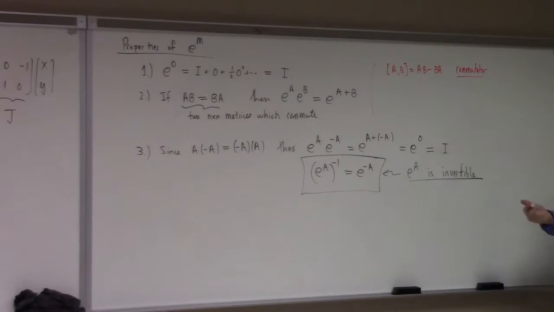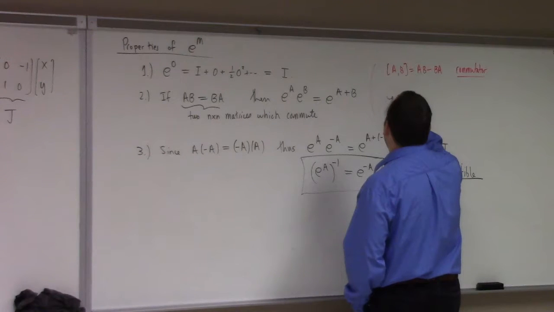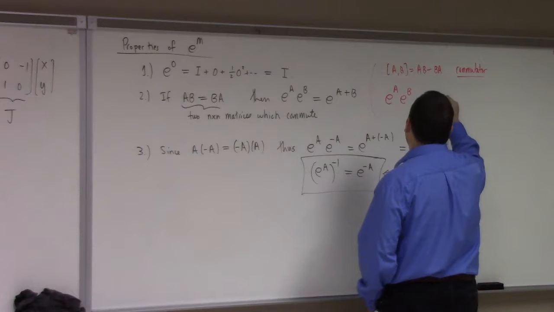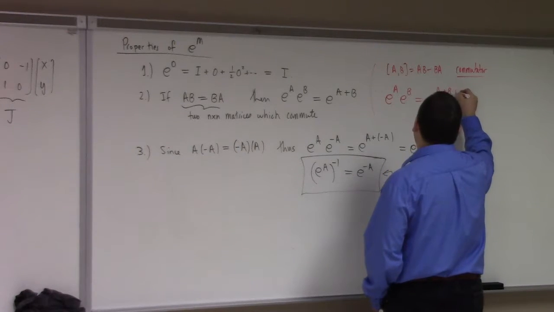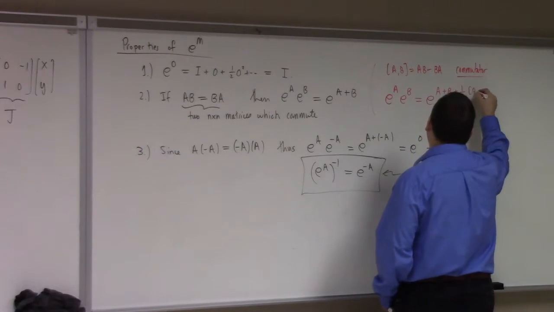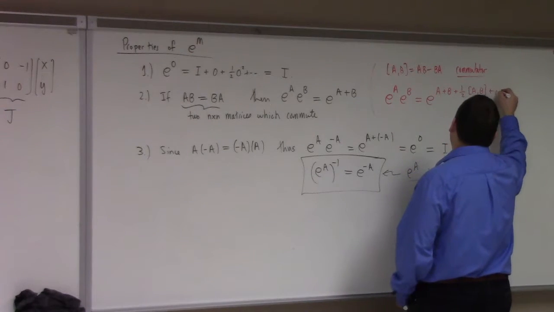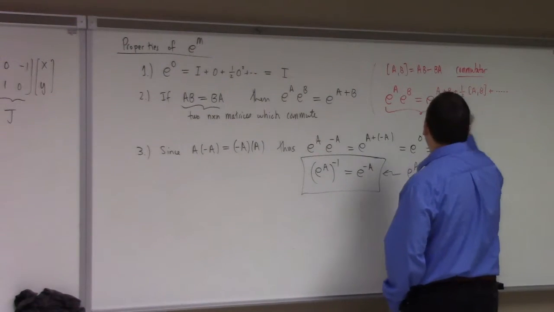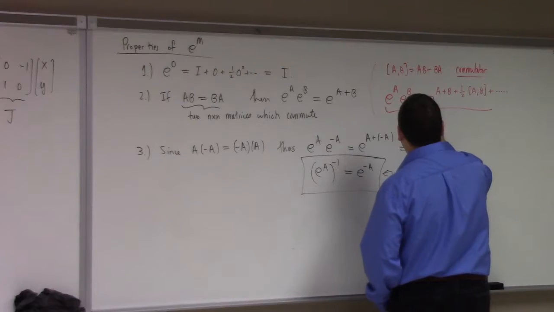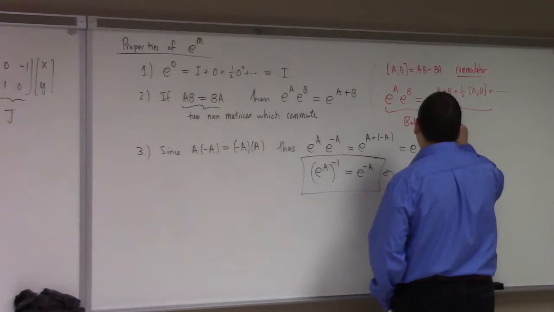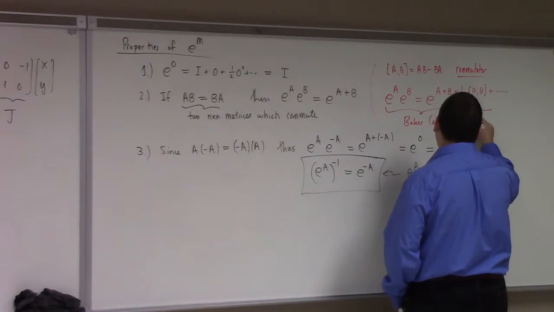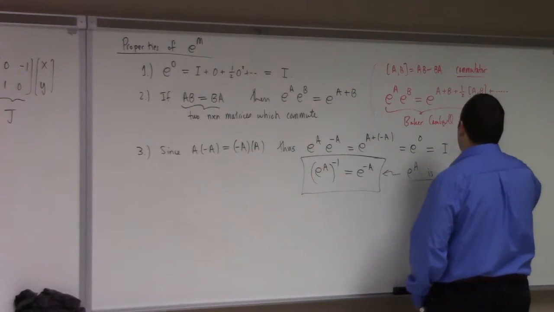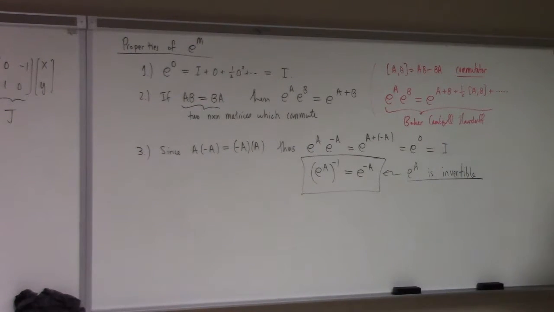But if it's non-zero, you actually still have the following formula: e to the A times e to the B is equal to e to the A plus B plus 1/2 the commutator of A and B plus stuff. This formula is known as the Baker-Campbell-Hausdorff relation. I think it has another name in other circles, but it's sometimes called the BCH relation.